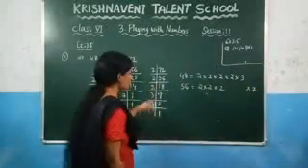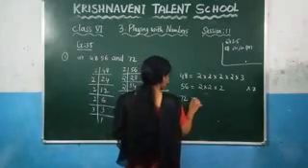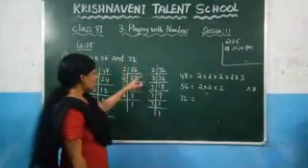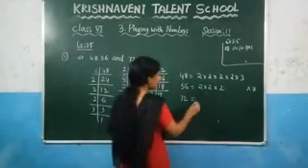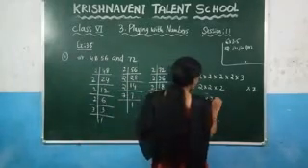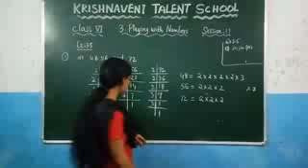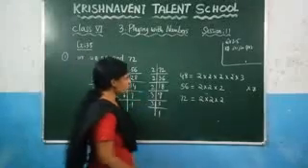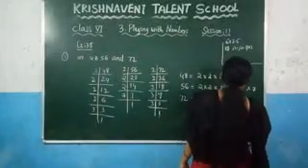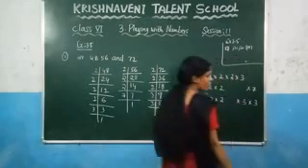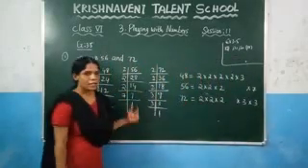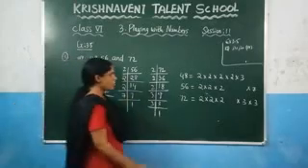And after that 72. How can you write 72? How many 2s are there here? 1, 2, 3. So write it here 2 into 2 into 2. And after that here 2 threes are there. So write it here into 3 and into 3. Right? So we have written each number as a product of the prime factors.